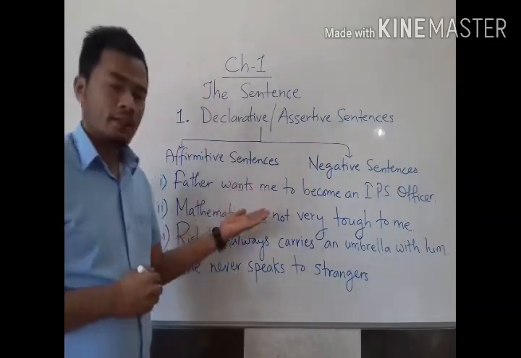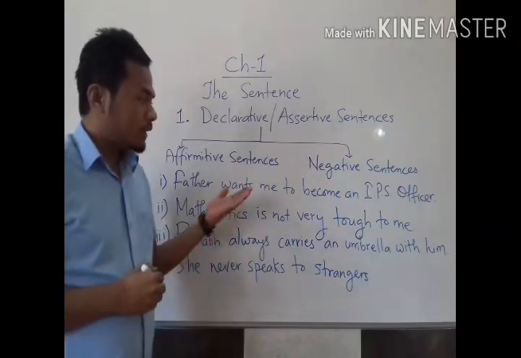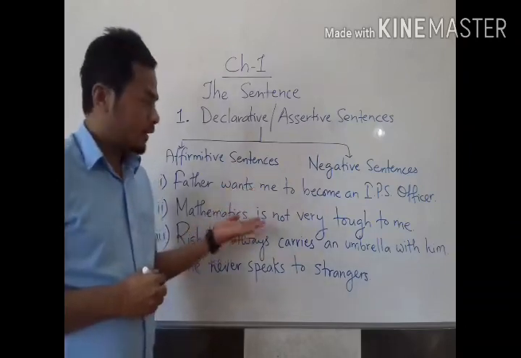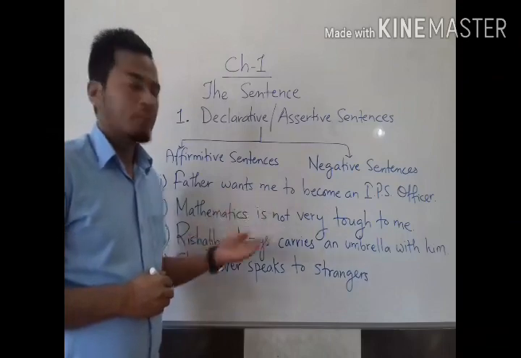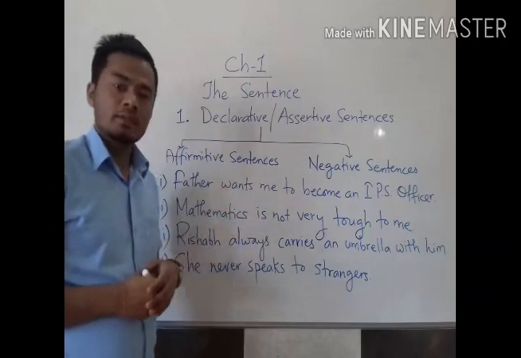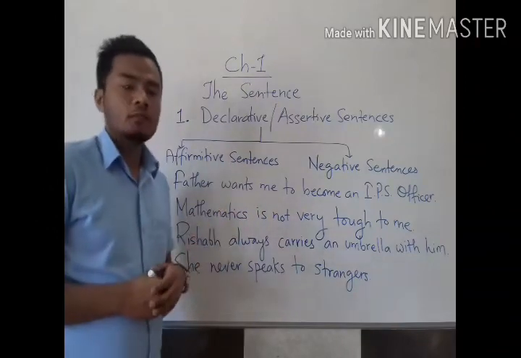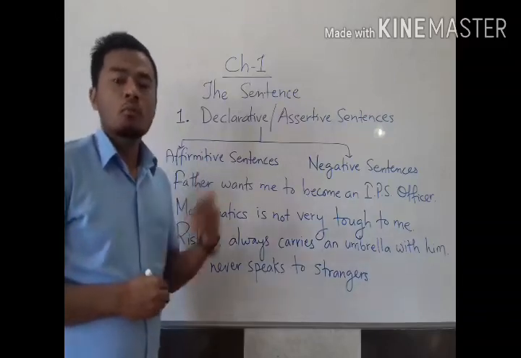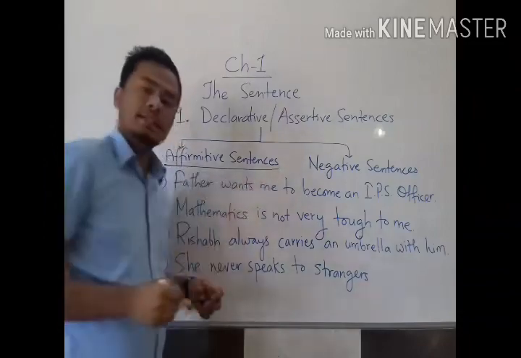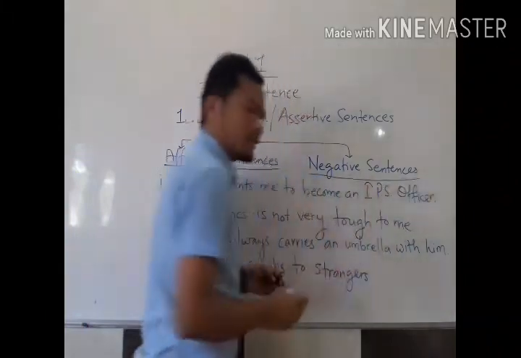We have some differences among these examples. Let us see what differences we find. They are different from each other because assertive sentences are again classified into two more types. One is affirmative sentences or positive sentences, and the other is negative sentences.